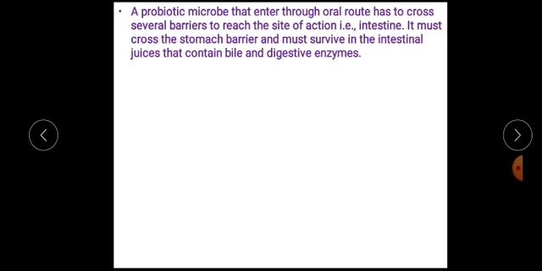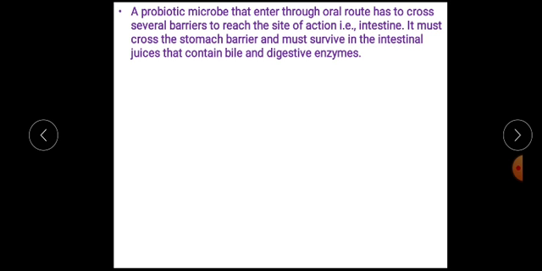They will enter the oral cavity, then through the esophagus into the stomach, from the stomach to the small intestine, and from the small intestine to the large intestine. That is the way these probiotic microorganisms reach the intestine.